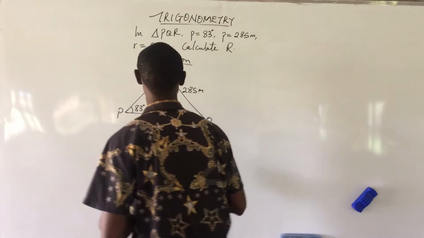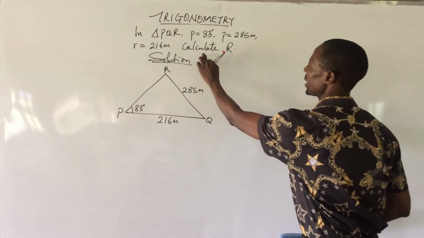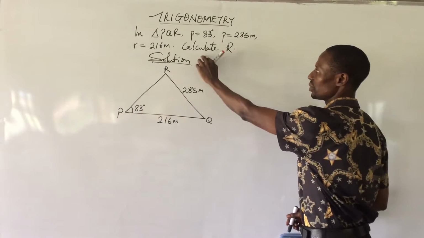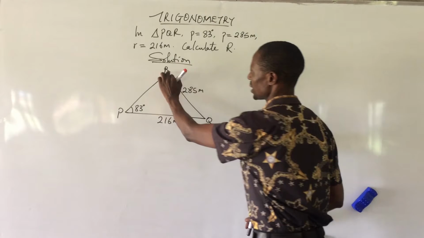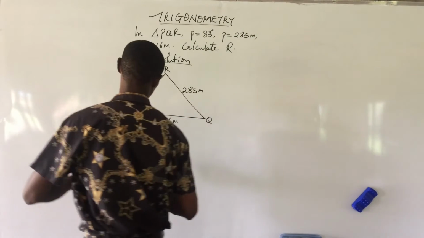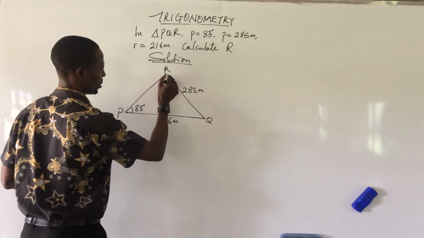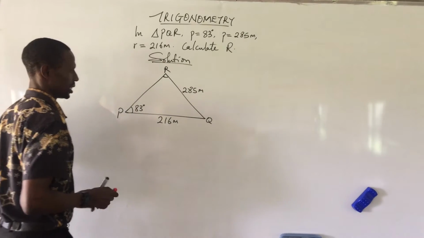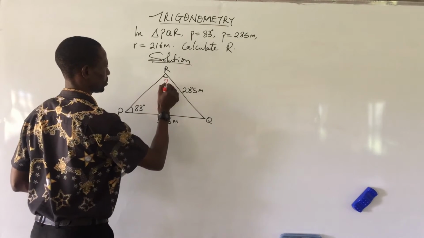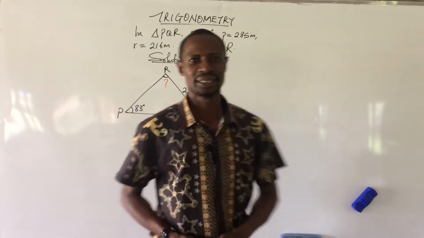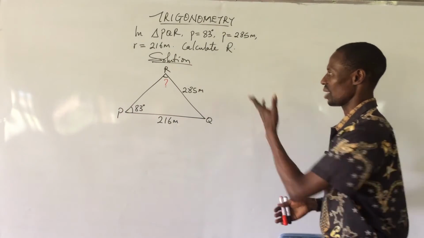The question says calculate capital letter R. What is angle R here? This is what we're looking for, this angle, so let's give it a question mark, capital R, which is angle R.